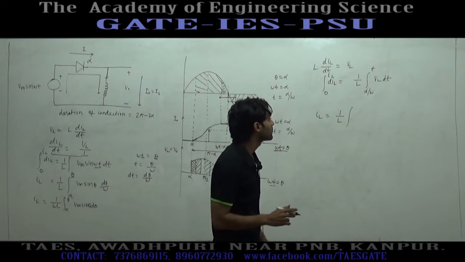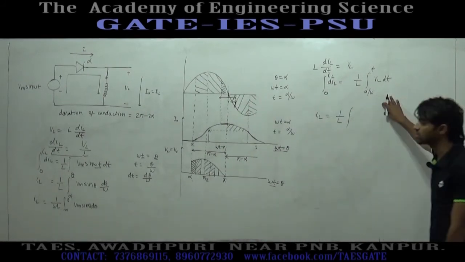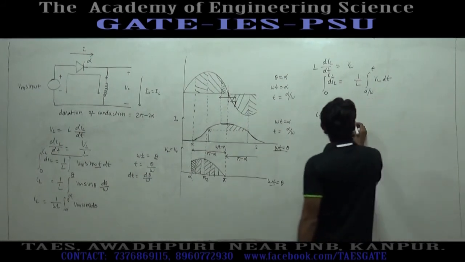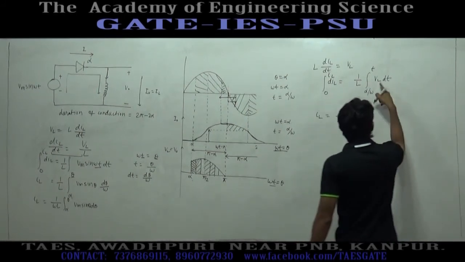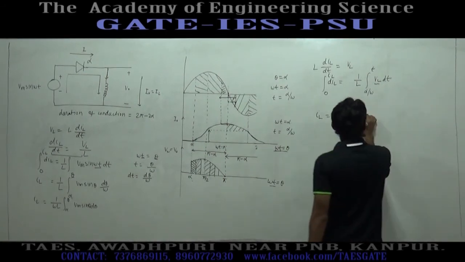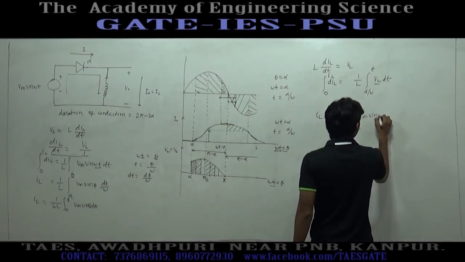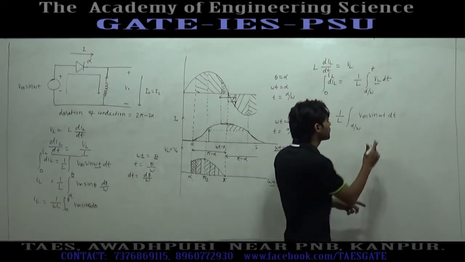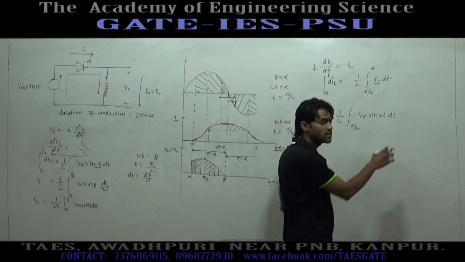Hence, the inductor current will become 1 by L. We are solving this integration only for the period when the thyristor is conducting. For the period the current is conducting, VL will become Vm sin omega t, and since we are integrating in time domain, we will not change this omega t to theta.